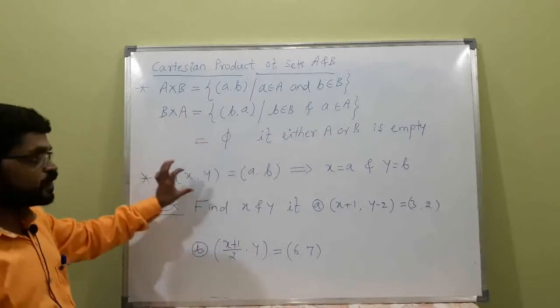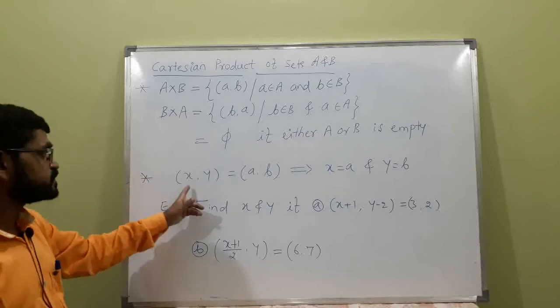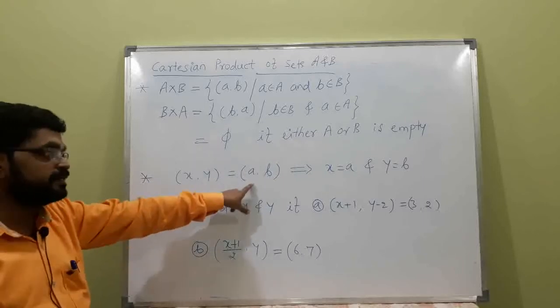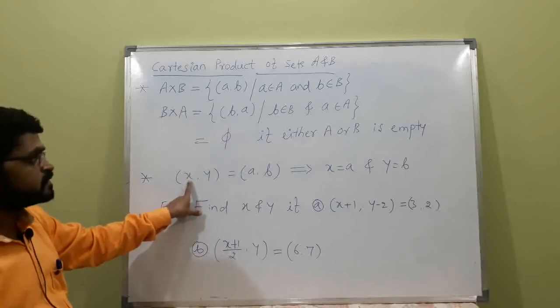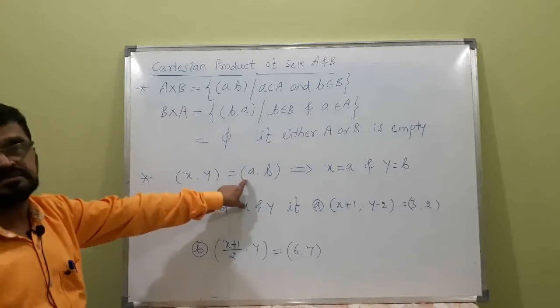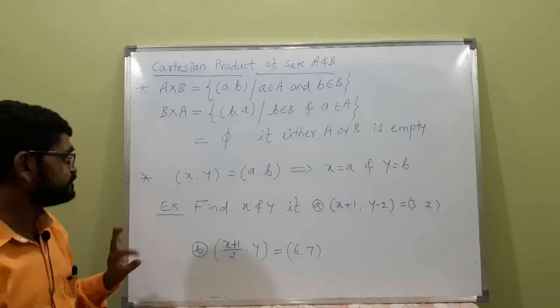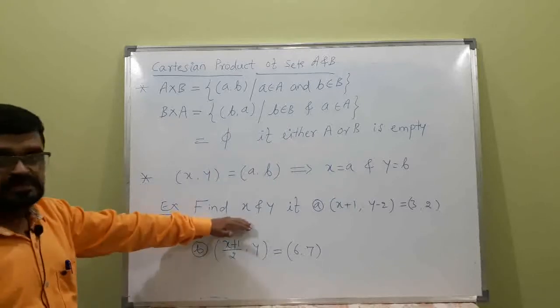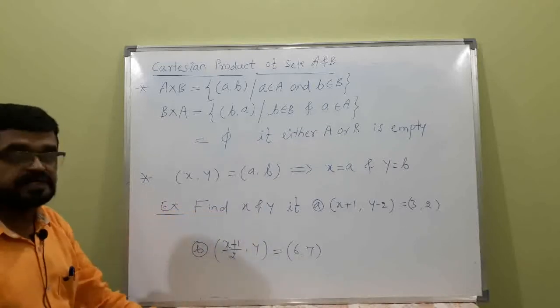Two ordered pairs are equal: suppose (x, y) is equal to (a, b), this implies the first element of the first ordered pair is equal to the first element of the next ordered pair, that is x is equal to a and y is equal to b. One simple example: you may be asked to find x and y.